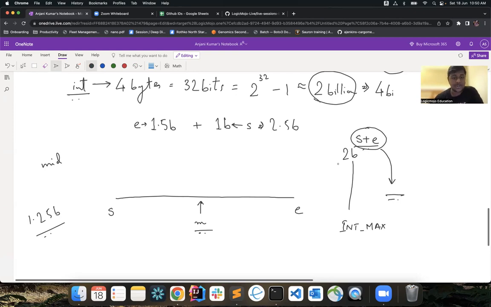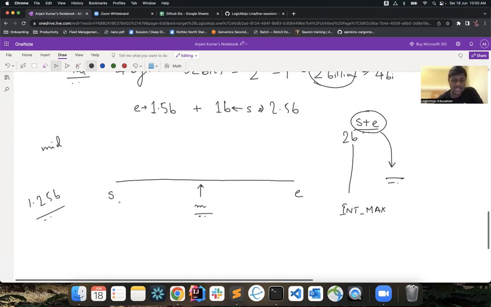So what do we do? What is the formula that I am using? I'm using S plus (E minus S) by 2, right? Let's look at how this will show up in the chart. E minus S will lie somewhere here. You agree with me, right?